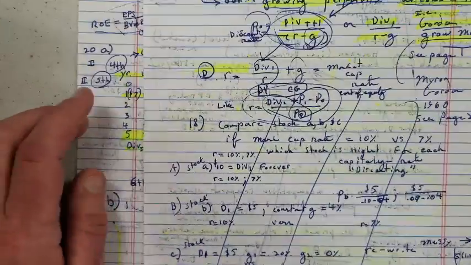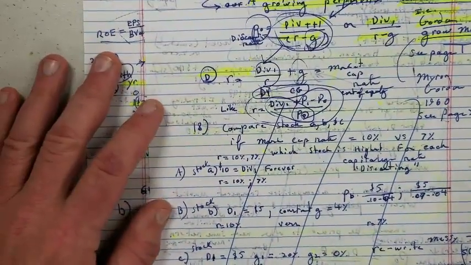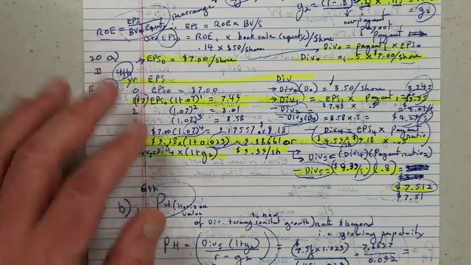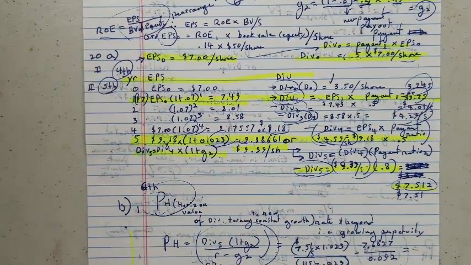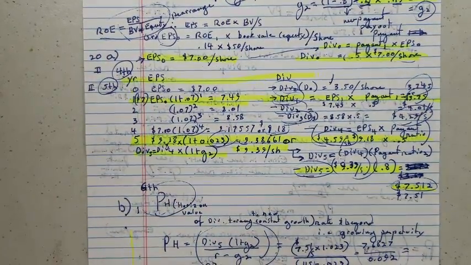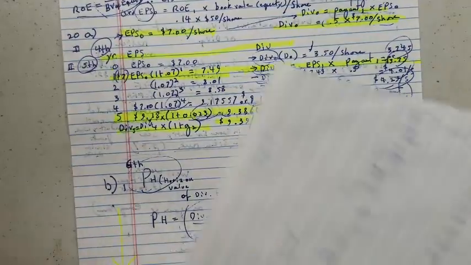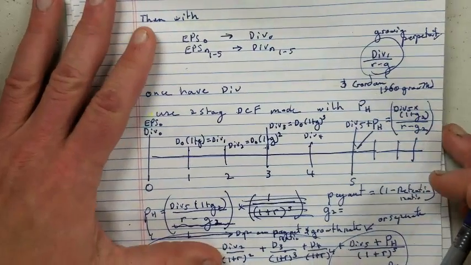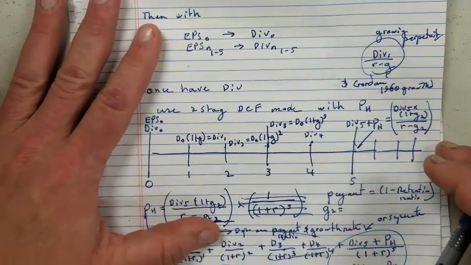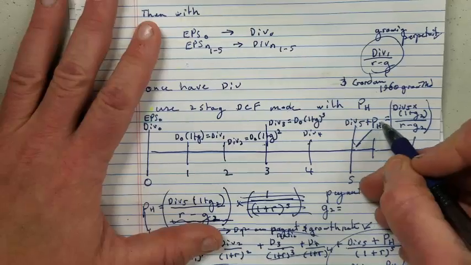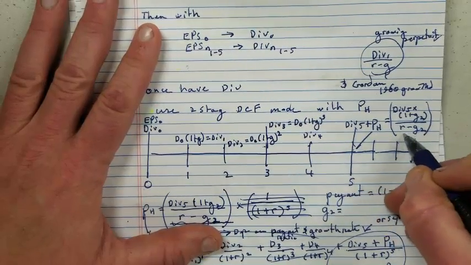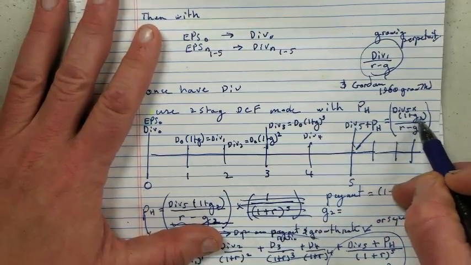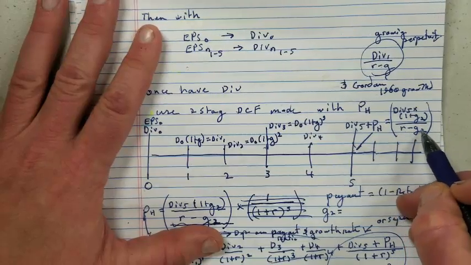As I go back, this is problem 20. Let me see, it's going to be over here, I believe. Right here, as I drew the timeline out, for number 20, remember that basically what you're doing is you're bringing in that dividend 5 times 1 plus G2, over R minus G2.